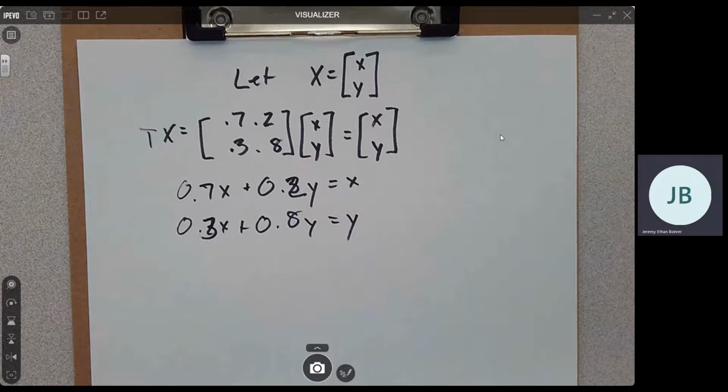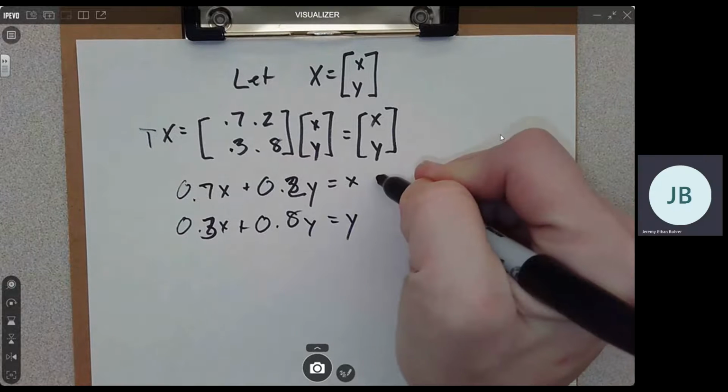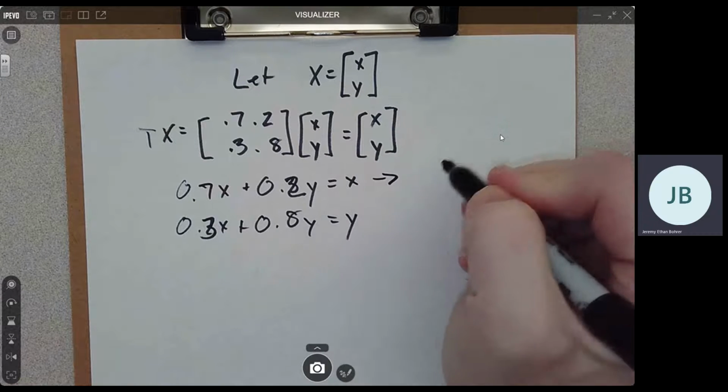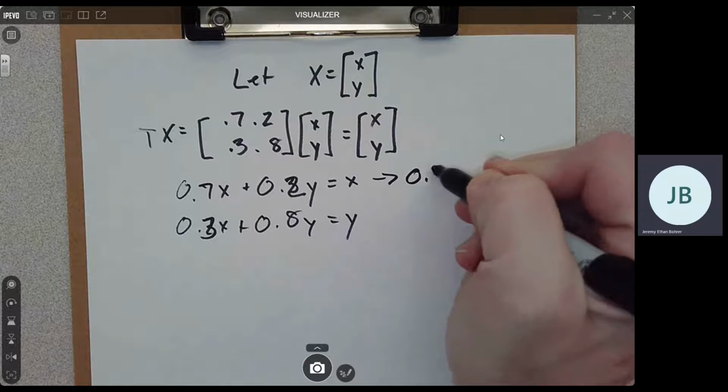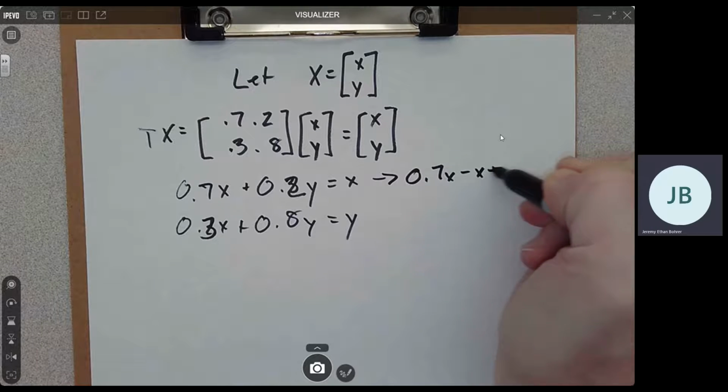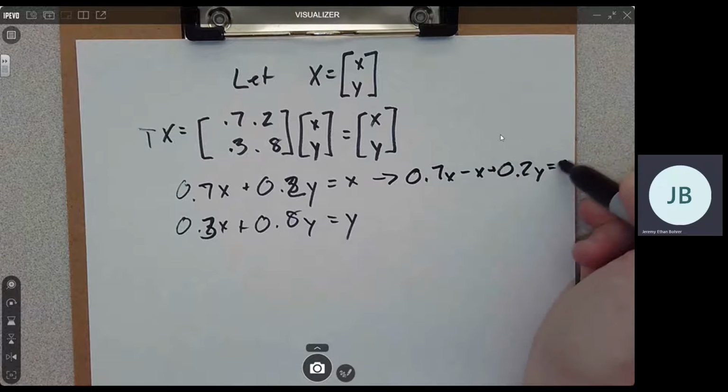We do that by subtracting x and y respectively from each of these equations. So if I subtract x from both sides of this equation, I get 0.7x minus x plus 0.2y equals 0.